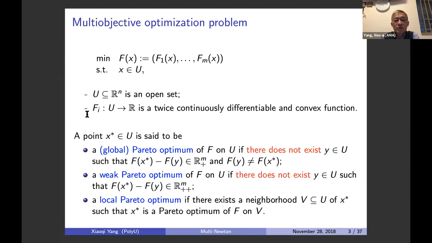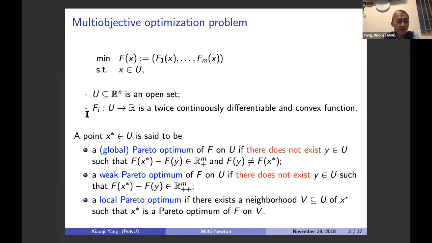We are assuming the objective functions are twice continuously differentiable and convex. Twice continuous differentiability is needed because we are talking about the Newton method. We are also talking about convex functions, so we don't worry about local minima versus global minima.